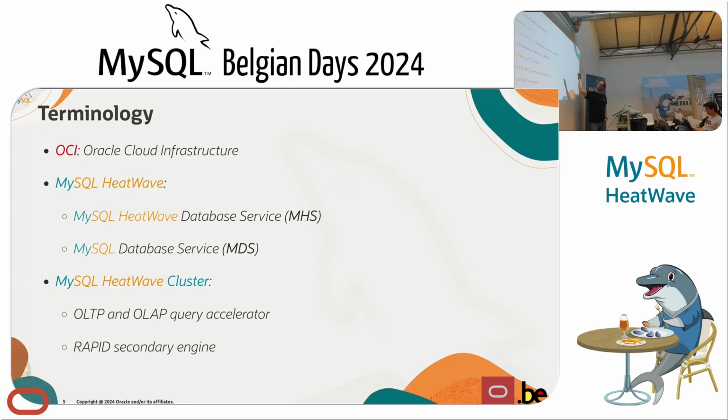Before, we were also calling it, and you can still see in the manual or in some tooling, MySQL database service, MDS. But all this is also called MySQL HeatWave. Then we have MySQL HeatWave cluster, which is the OLTP and OLAP accelerator in memory using the RAPID secondary engine that we have seen earlier.